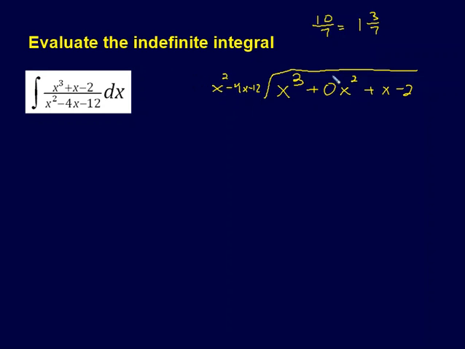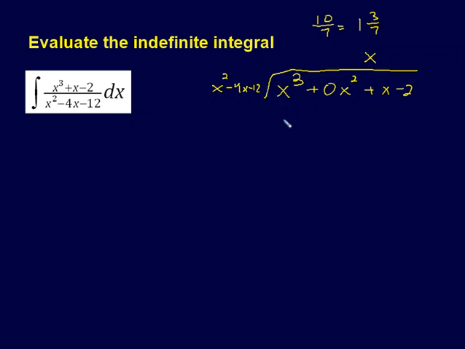So we have to do this long division to break this integral up a little smaller. So the first step is x cubed divided by x squared, which is x. And now, just like in regular long division, we multiply this by the divisor and write it underneath.